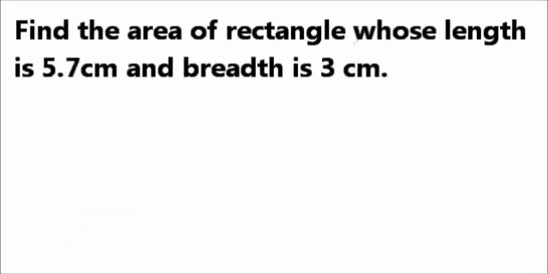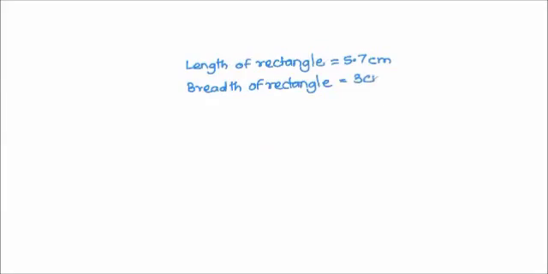Find the area of a rectangle whose length is 5.7 cm and breadth is 3 cm. So what's given? So what we want to find, we find the area of a rectangle, which is equal to length into breadth.